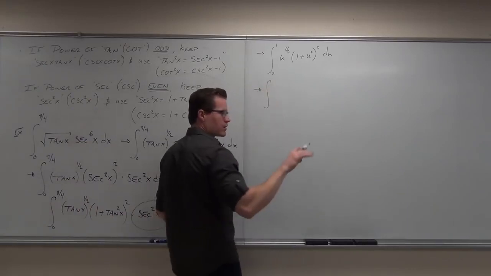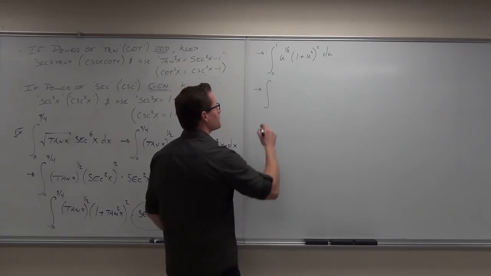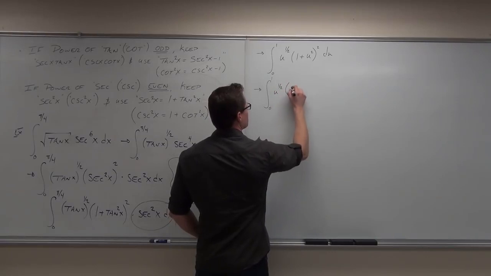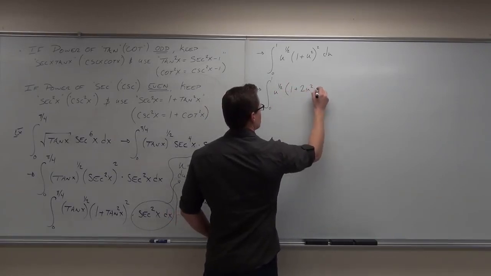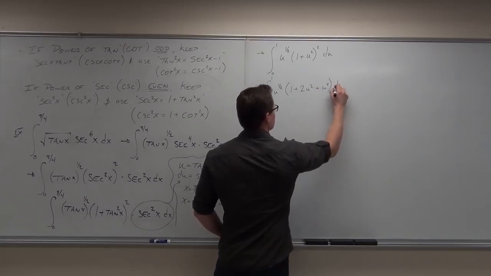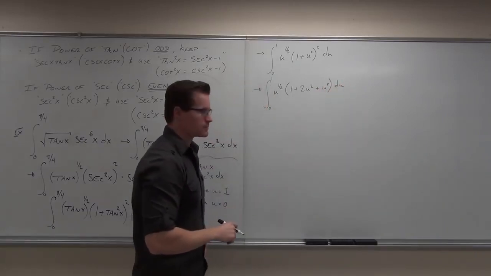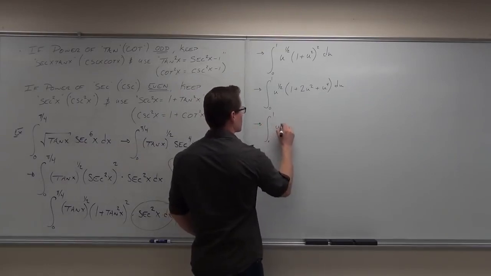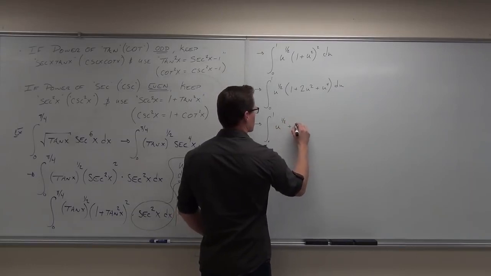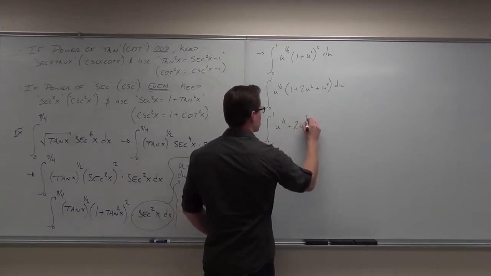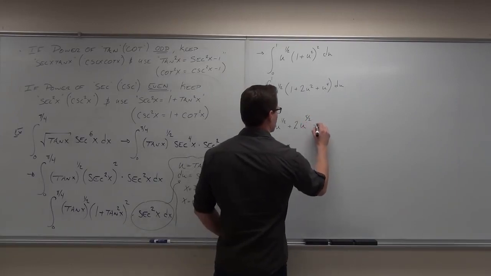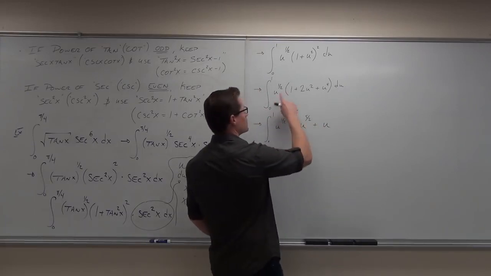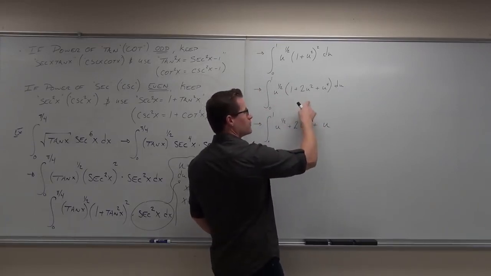Let's see if you guys get to work on it on your own. Let's see if you get the same thing I get. I think 2, 4 halves, 1 half, that's it.